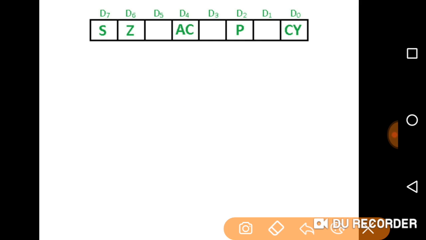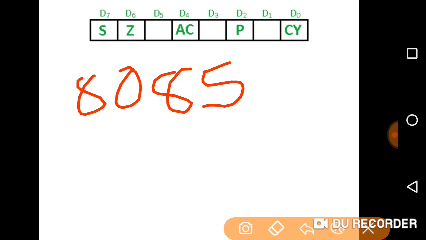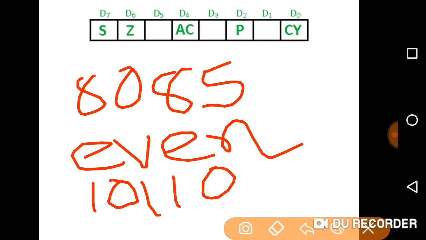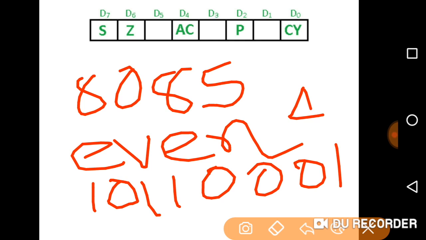Now see the parity. Remember this, 8085 works on even parity. Parity means the number of ones present in the content of the accumulator. Suppose the content of the accumulator is 1 0 1 1 0 0 0 1, the number of 1s is 4, which is an even number, so in this case the parity flag will be set as 1.